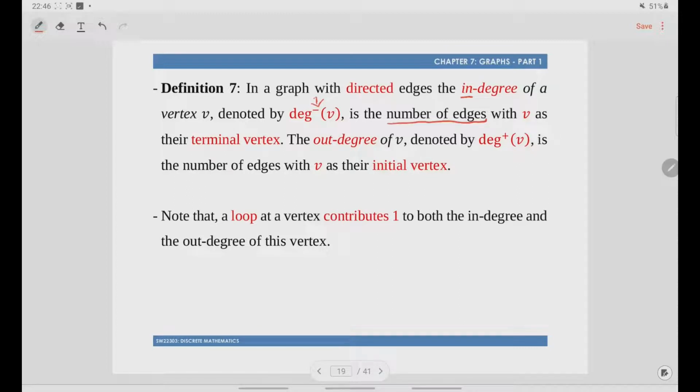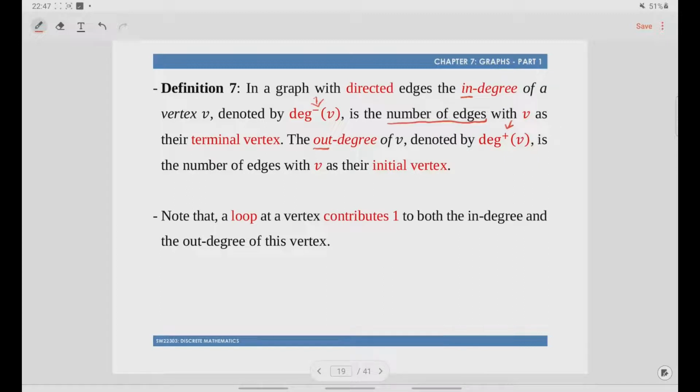Alright, so other than in degree, we also have out degree. The out degree of the vertex V, denoted with a small addition sign as superscript, degree plus V, is the number of edges with V as their initial vertex.